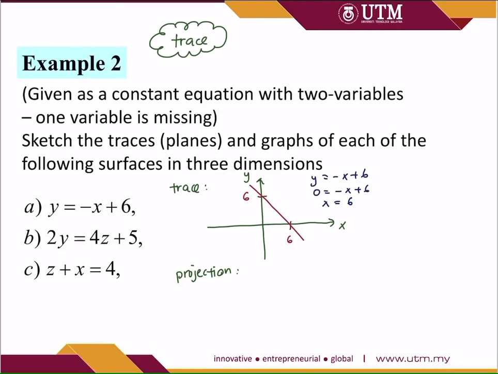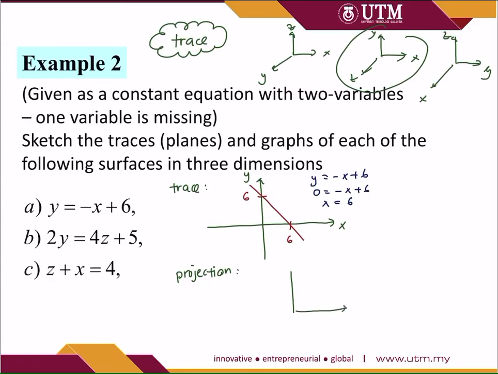You can draw the axes in different ways, so it depends on which axis orientation you prefer. Let's say in this case we choose this one. Basically you need to label it: x, y, and let's say this is z.